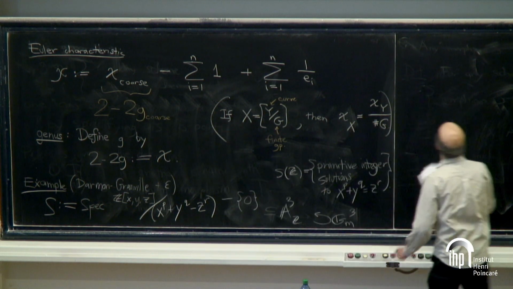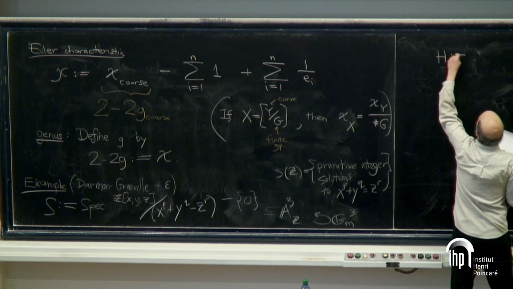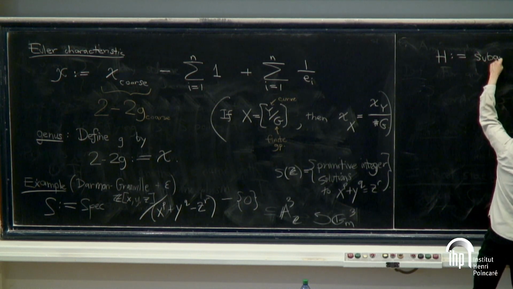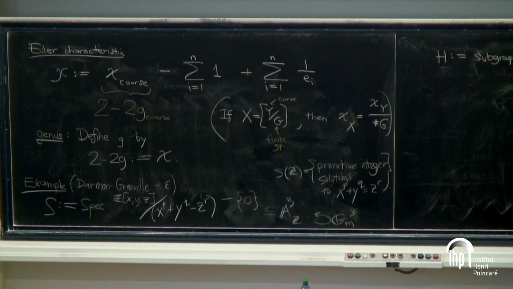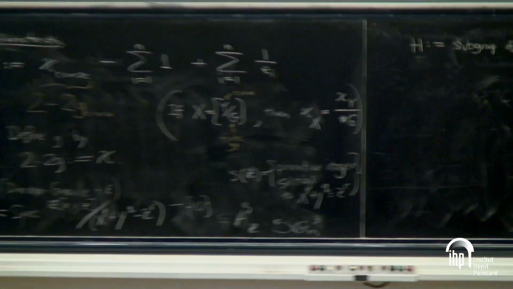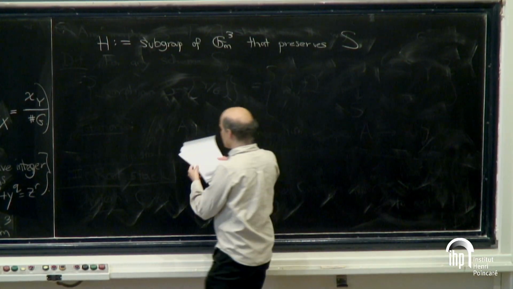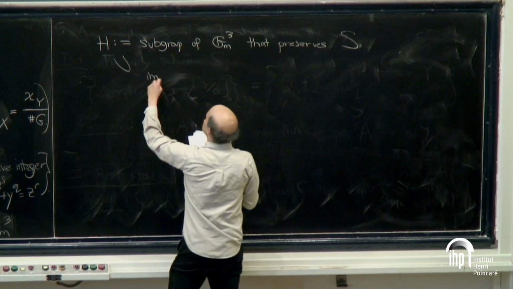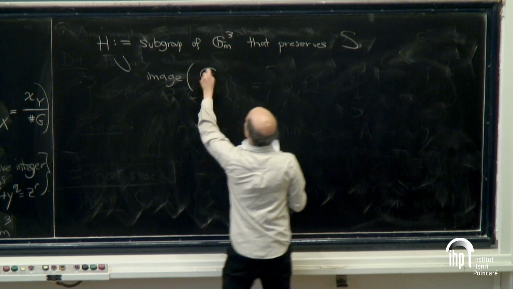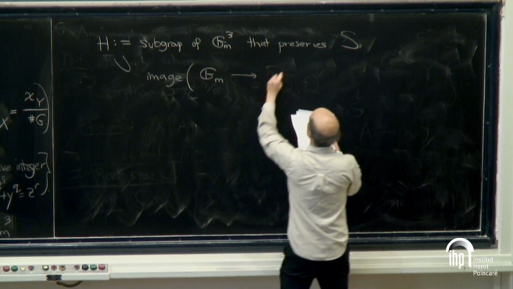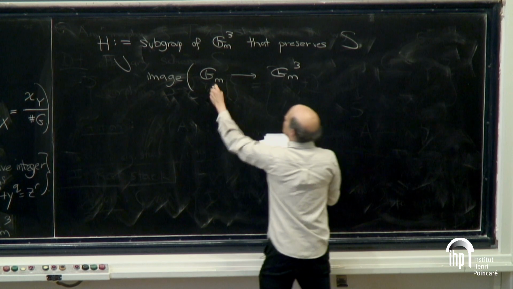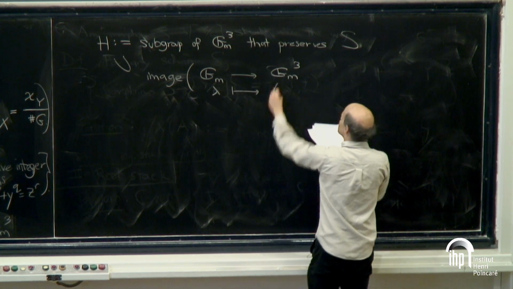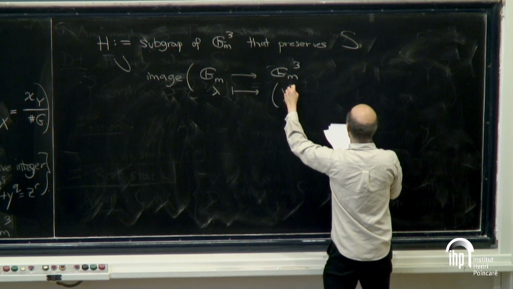There's only a subgroup; you can define H to be the subgroup of this torus that preserves S. So it includes things like, well, I'll just say it includes the image of a one-dimensional torus where you take the transformations where you scale in a weighted homogeneous way.